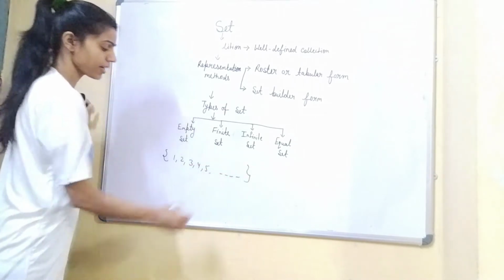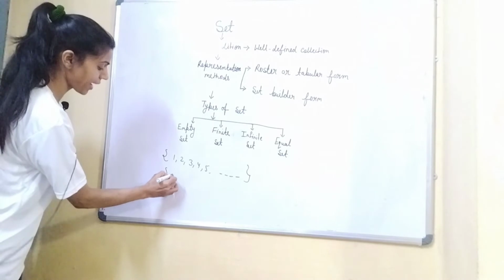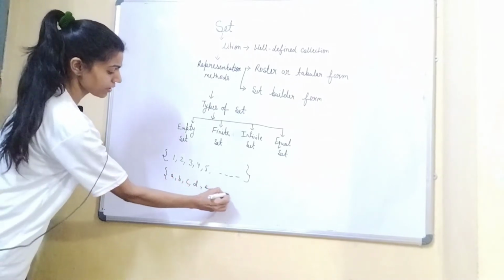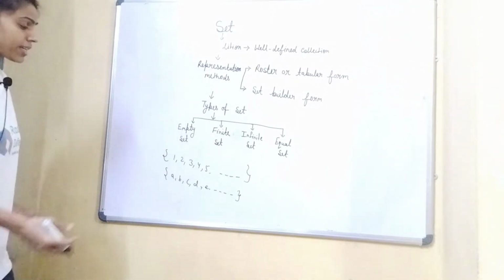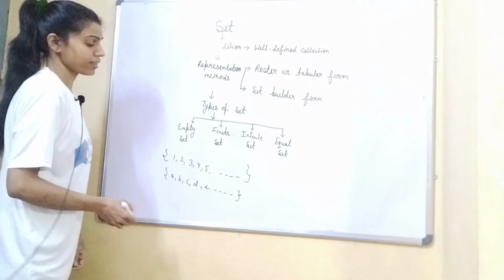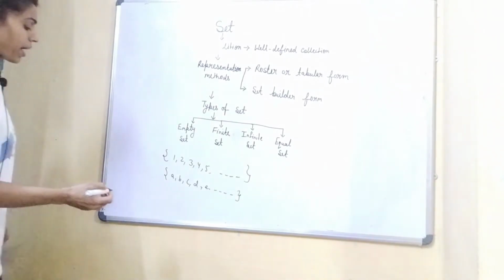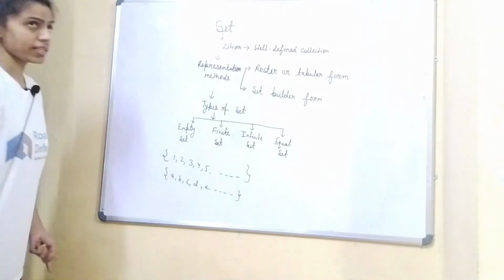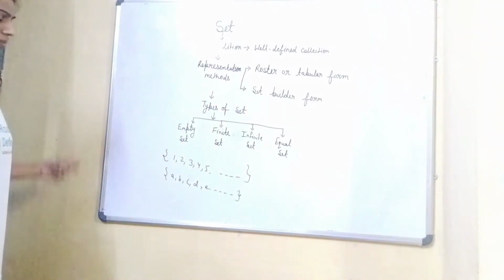So this is a collection of numbers, right? If I am writing here A, B, C, D, E and so on, this is a collection of alphabets, right? In the same way you can write any other words also. Suppose I have a collection of pencils, or a collection of pens, so any collection, right?